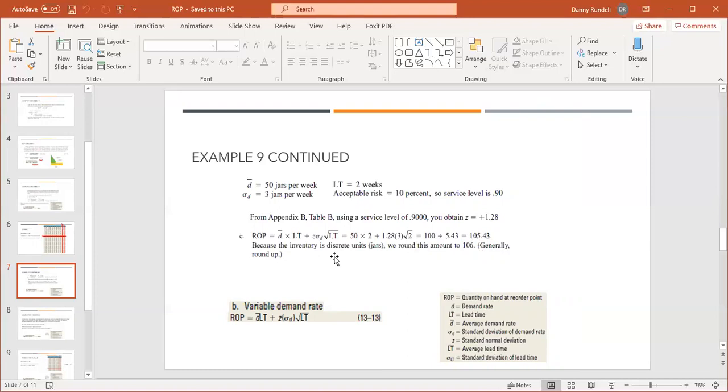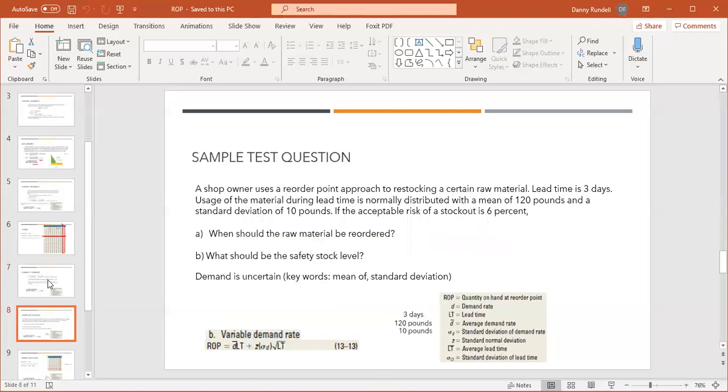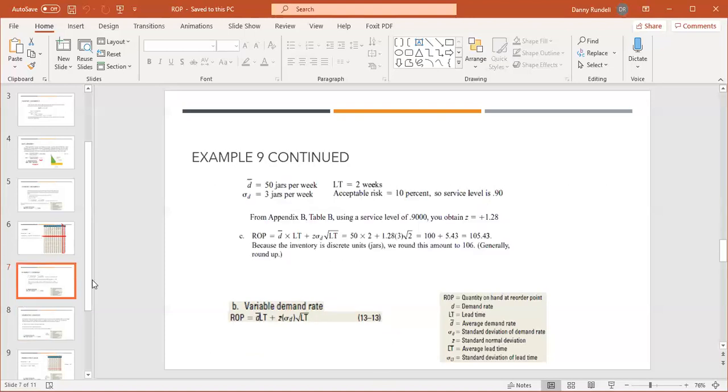Since inventory items are discrete units, or jars in this case, we round the amount up to 106. And in general, you round up with discrete units. It's pretty much going to be the case with discrete units or items of inventory in these problems. So that addresses all parts of the example question A, B, and C.